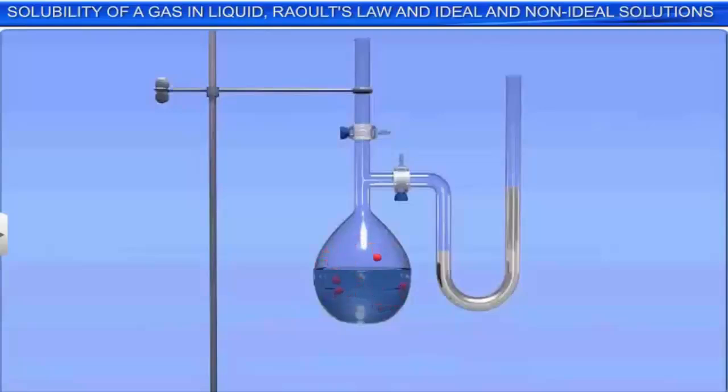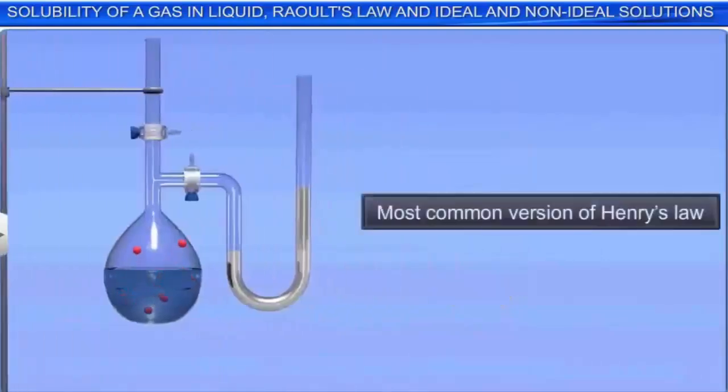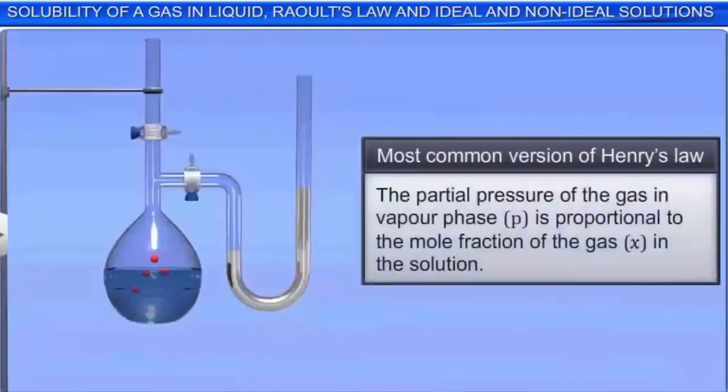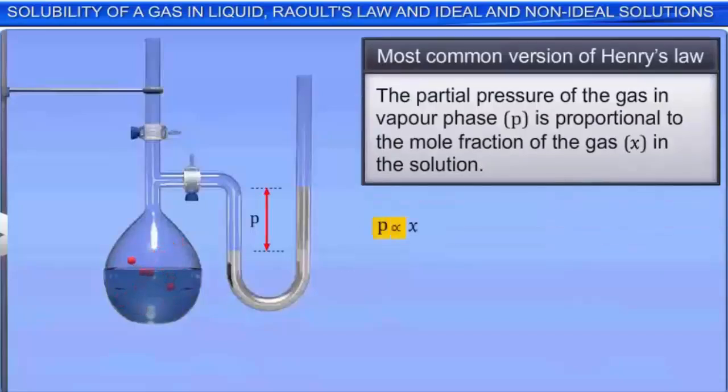However, the most commonly used version of Henry's law is: the partial pressure of a gas in vapor phase, P, is proportional to the mole fraction of the gas, X, in a solution. Mathematically, it can be represented as P is proportional to X, or P = KHX, where KH is the Henry's law constant.